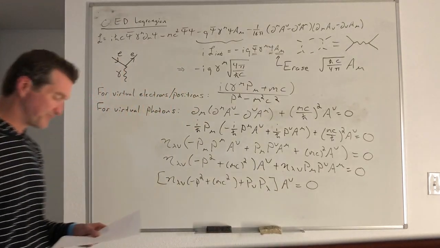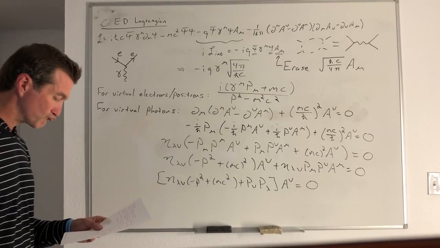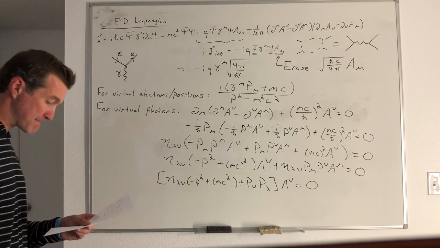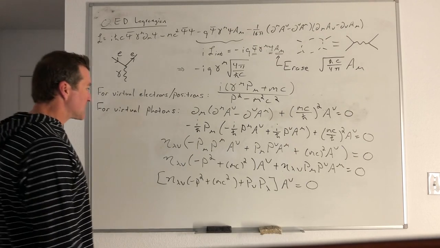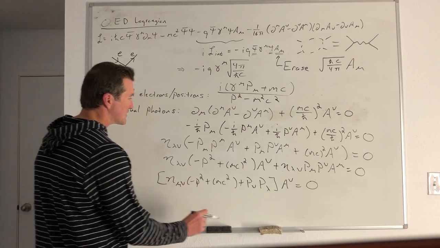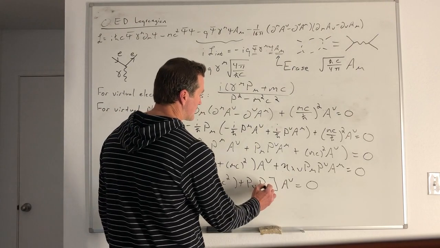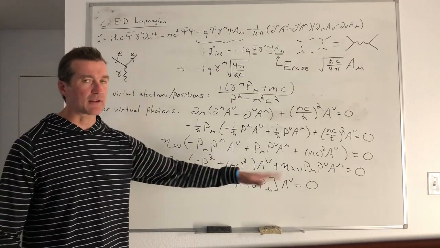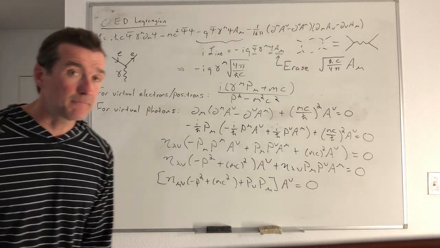And it equals 0. Looks pretty good, doesn't it? So just to clean it up a bit, I don't like lambdas, I prefer mu's, so I'm going to replace lambda with a mu, which you can do because it's just one index. It's not summed over anything.